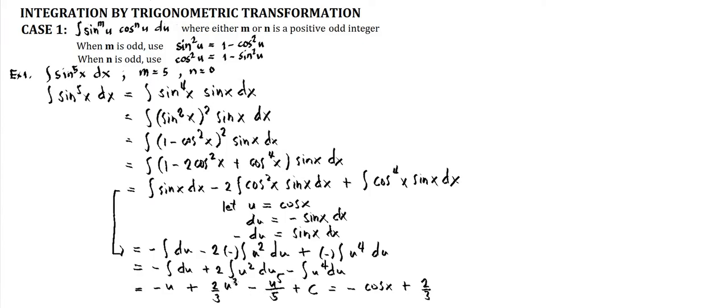Tapos, yung u natin equals sa cosine of x. So, cosine of x. At yung u natin dito ay naka-raise sa 3. So, cosine cubed of x. And then, minus yung u natin, equals sa cosine x, cosine to the fifth of x, and then divided by 5. And then plus the constant of integration c. And this is now our final answer.